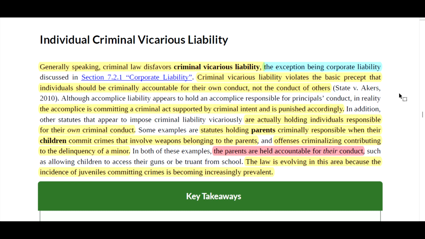So the law, and what I really wanted to emphasize here, because this is important, it's related to both of our case study reports for this week. The law is evolving in this area because the incidence of juveniles committing crimes is becoming increasingly prevalent.